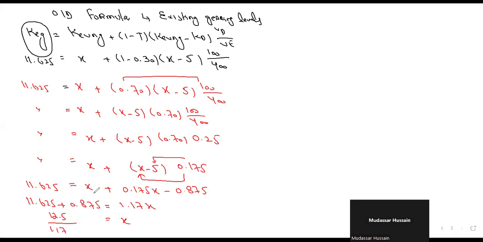So the x value, 12.5 divided by 1.175, is coming as 10.6. The x final value is coming as 10.6%.